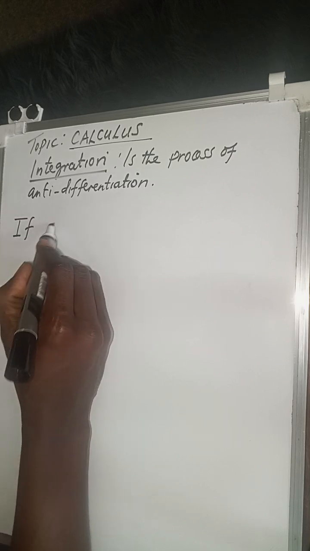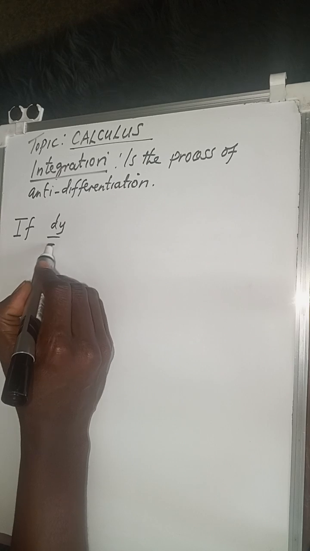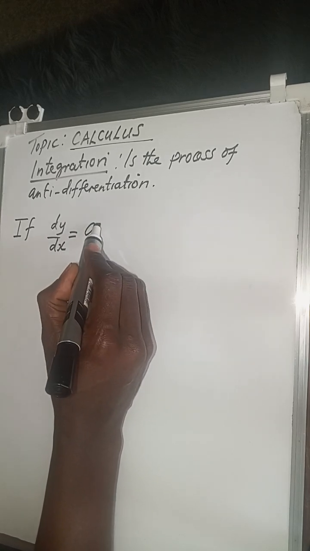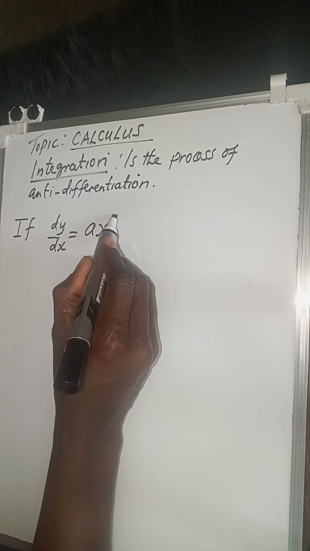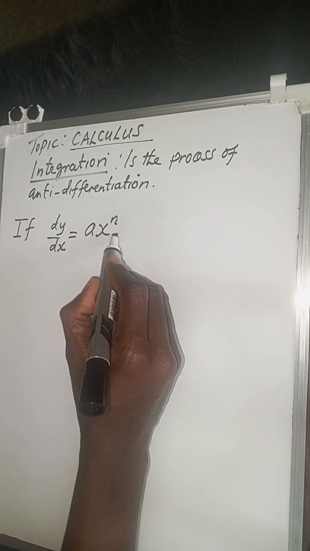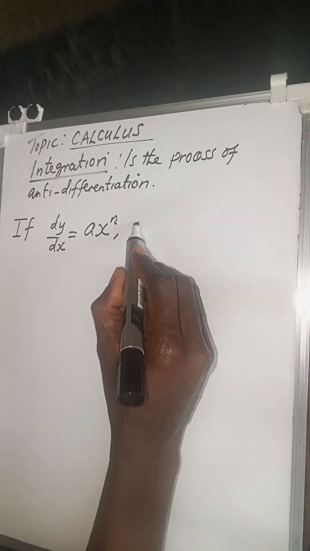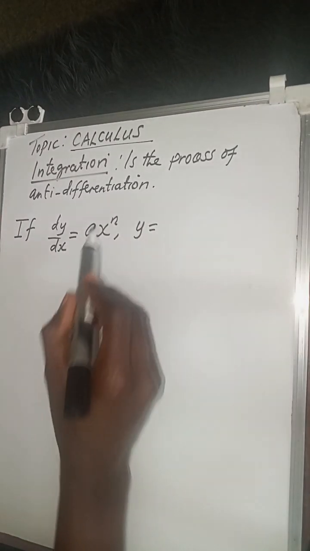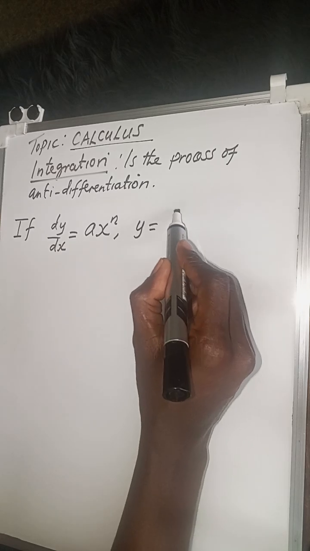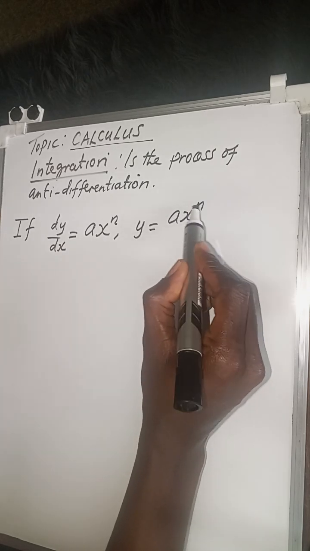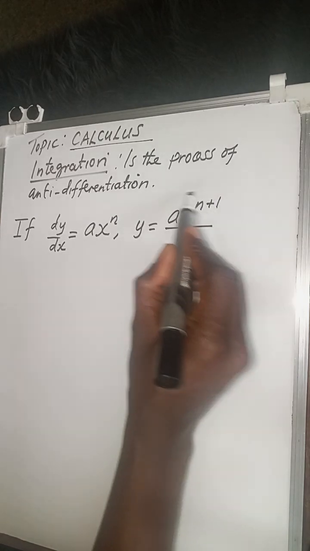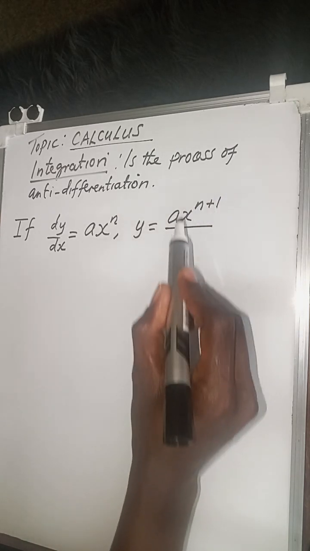We can simply say if, for example, dy over dx is a x raised to the power n, how do you go back to the actual expression that you had, the expression of the function of y? What you simply do is increase the index, the power, by 1, then you divide the whole of this expression by the new power.